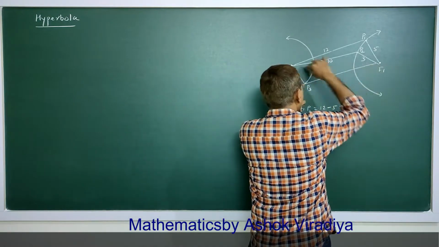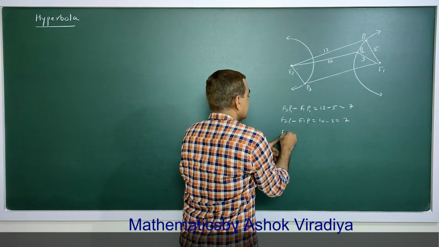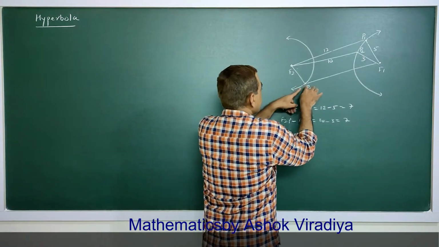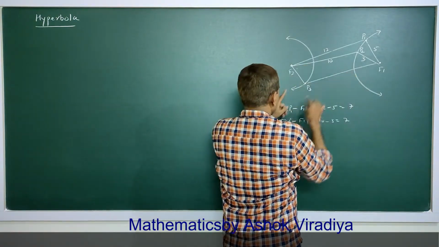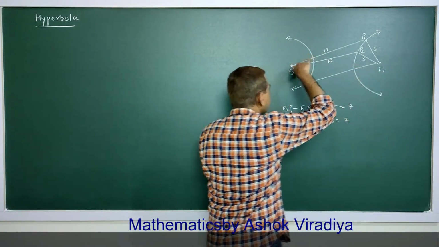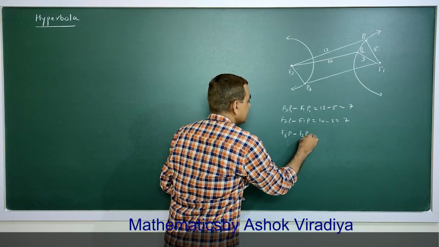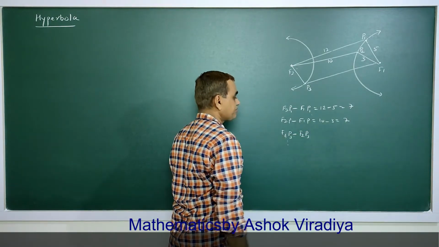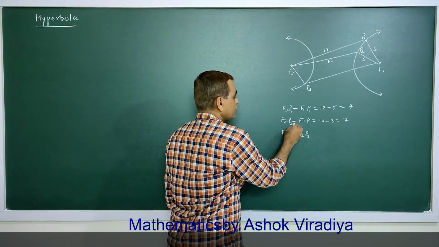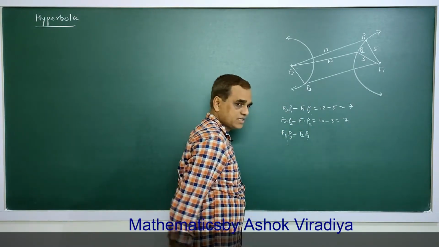So greater minus smaller, F1P minus F2P. This point is P3. This was for P2, this was for P1, this is for P3.